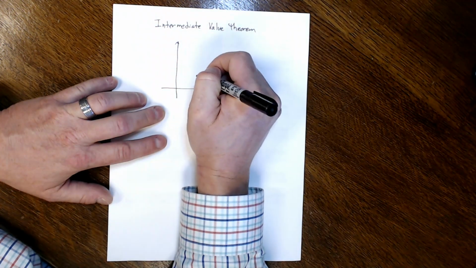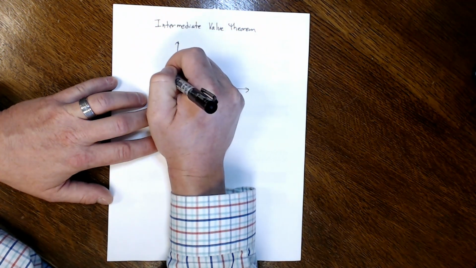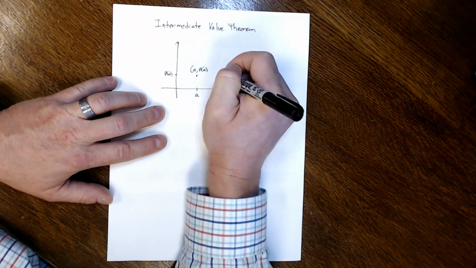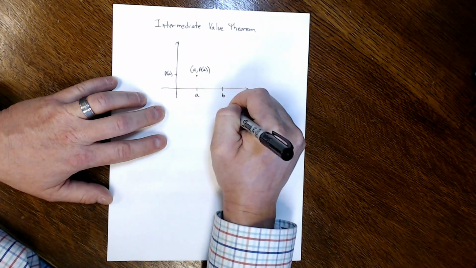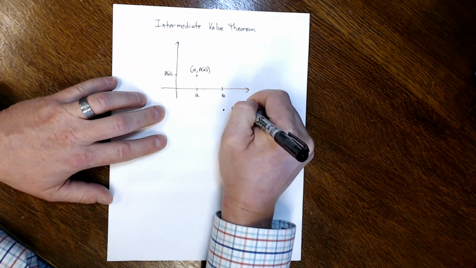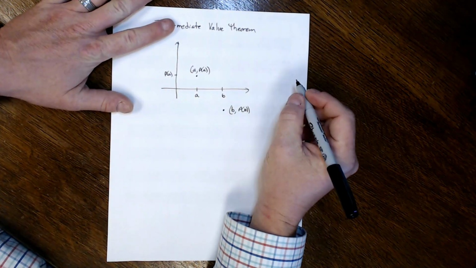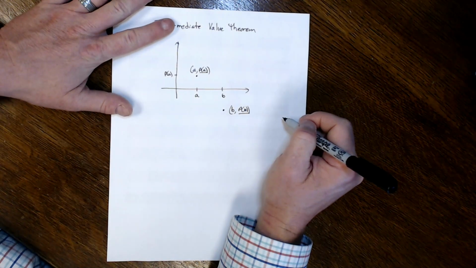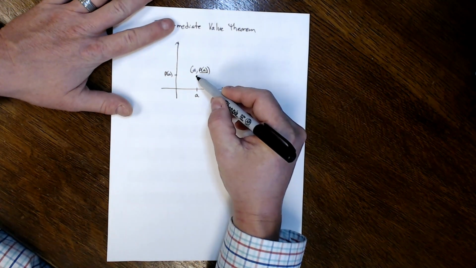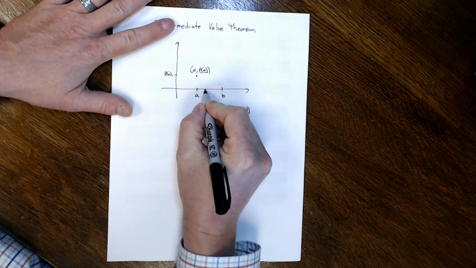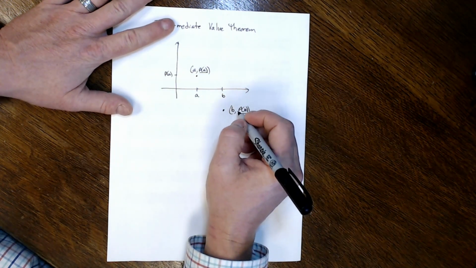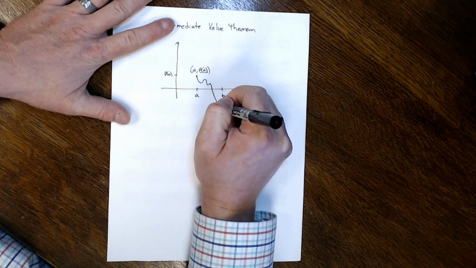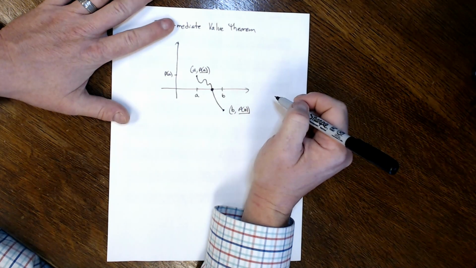And let's say you have the output P of A. So this is the actual coordinate point of A, P of A. And then over here, you have B, P of B. What the intermediate value theorem says is that if P of A is positive and P of B is negative, at some point, when you go from this point to this point, you have to cross the x-axis. It doesn't matter what happens here, but at some point, you're going to cross that at least once.